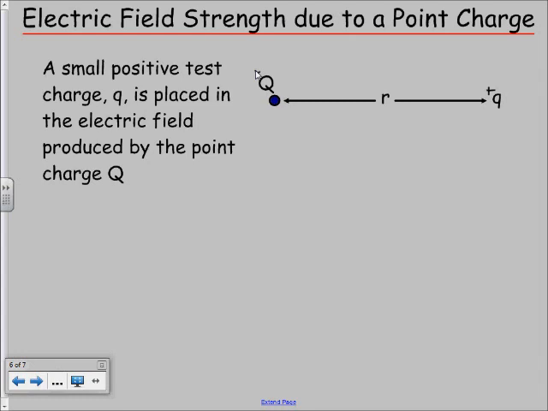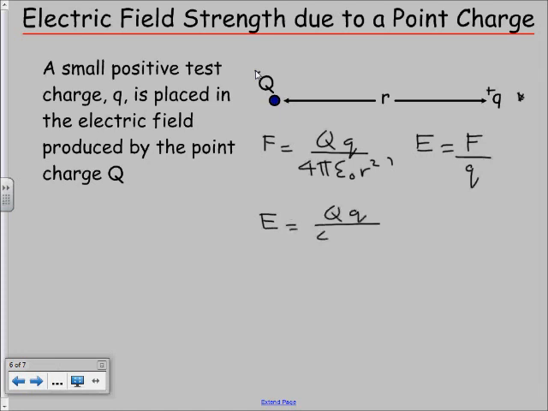So we've got two formulas in. We've got the formula for the force between these two charges, capital Q, little q, over 4 pi epsilon 0 r squared, and we've got our definition of electric field strength as being force per unit positive charge, because that's the one we're using to test the strength of the field. Bringing those two together, we get E equals Q little q over 4 pi epsilon 0 r squared, all divided by little q.